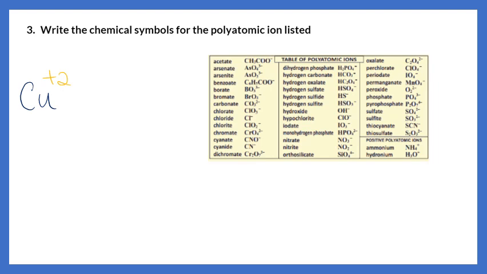The next thing it asks, step 3, is to write the chemical symbol for the polyatomic ion listed. The polyatomic ion listed was phosphate. So let's look. Phosphate is PO4. Okay. So far we have Cu +2 with a PO4.